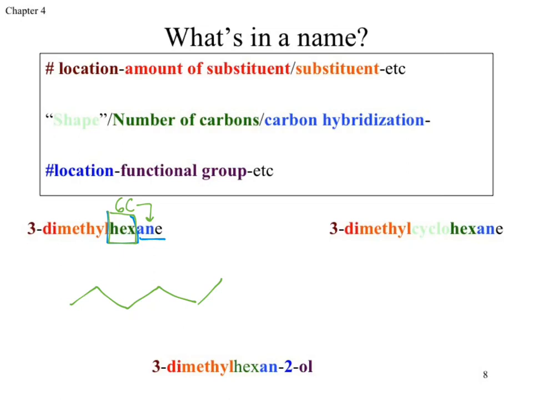That's it. Now I'd go back to my substituents. I actually made a mistake with this, which I'll correct right here. We'll talk about that in a second as well. It says I have methyl substituents. What does my methyl look like?